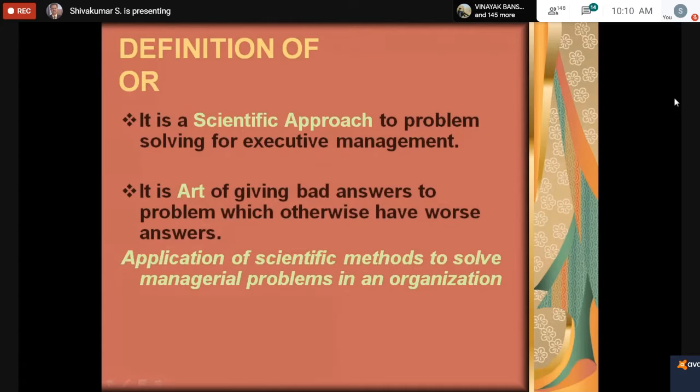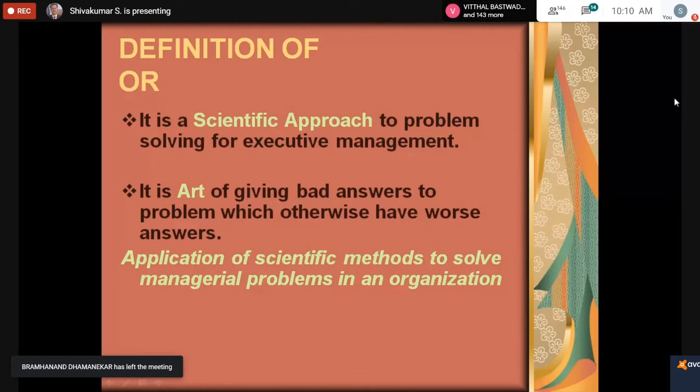Just coming to the main part of OR, that is the definition of OR. OR can be defined with many definitions. One, of course, it's a scientific approach to problem solving for executive management.